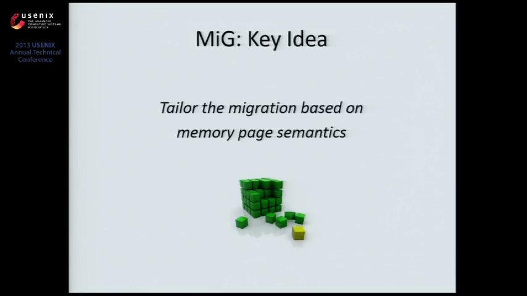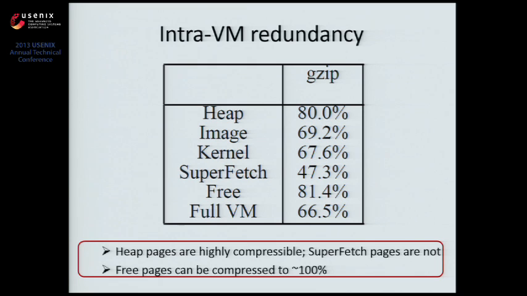And thankfully, we found that if we can tailor the migration to the semantics of the memory page, we can indeed do better without having to disable Superfetch or ASLR. So this is the key idea of the paper: to understand what is a page and do things according to it. So how did we arrive at that?